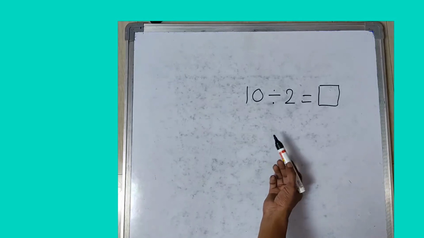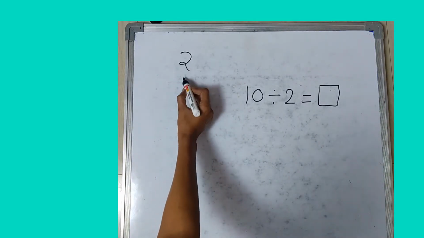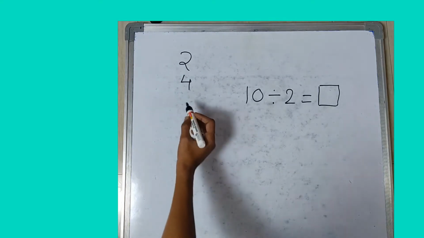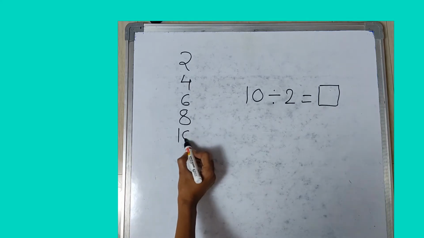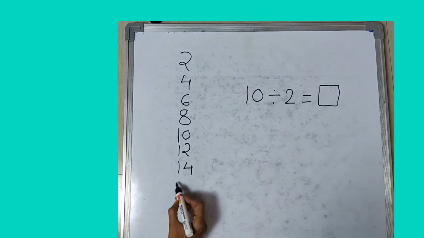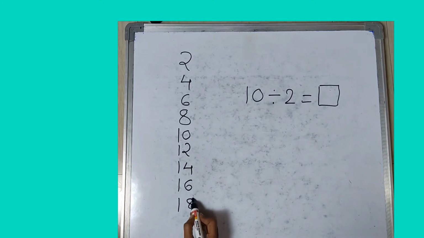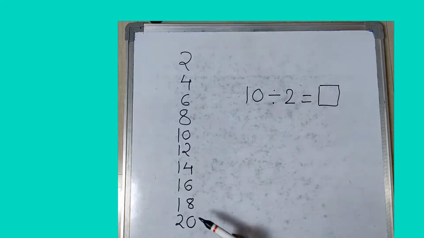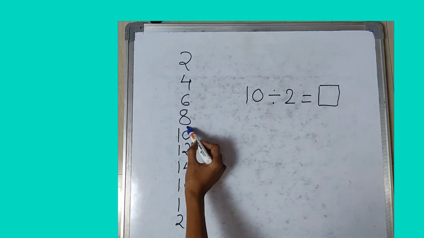For this, first write down 2's table here. 2 1's 2, 2 2's 4, 2 3's 6, 2 4's 8, 2 5's 10, 2 6's 12, 2 7's 14, 2 8's 16, 2 9's 18, 2 10's 20. Now in this table, find out where 10 is. Here. Circle this 10.